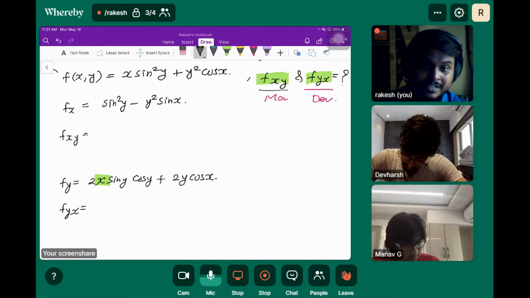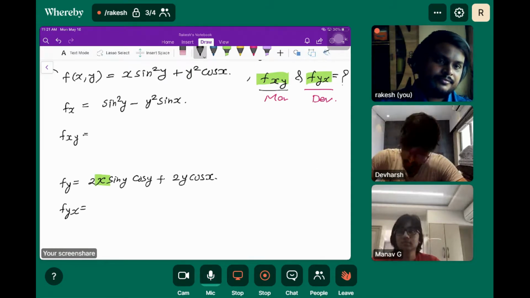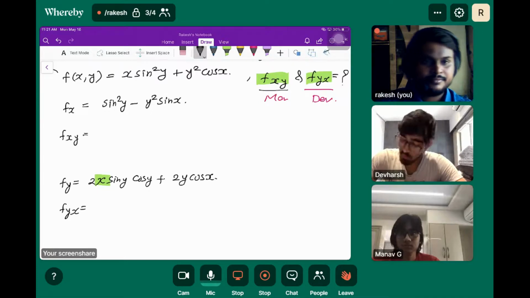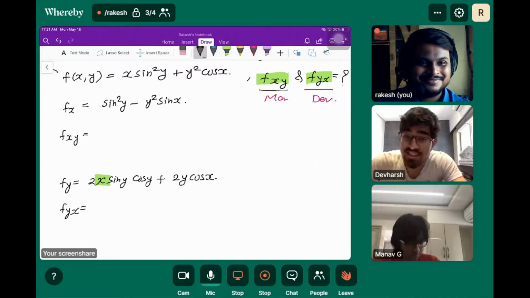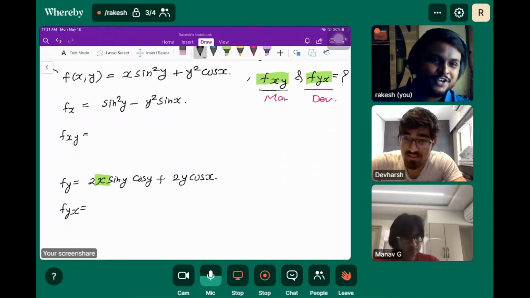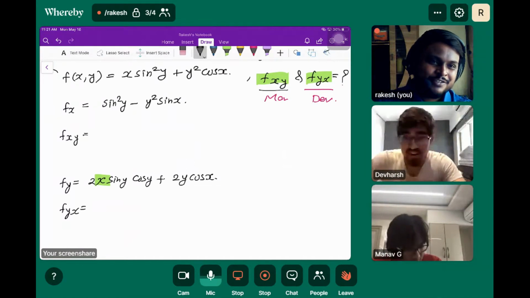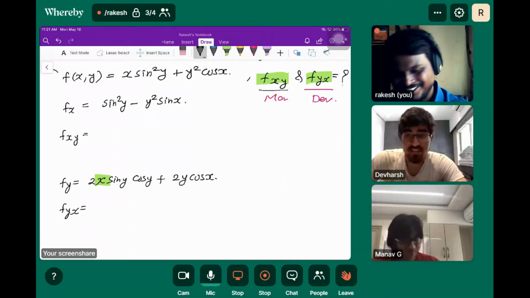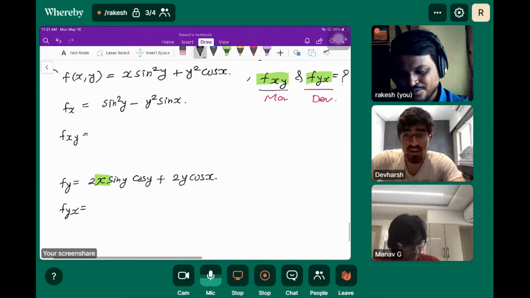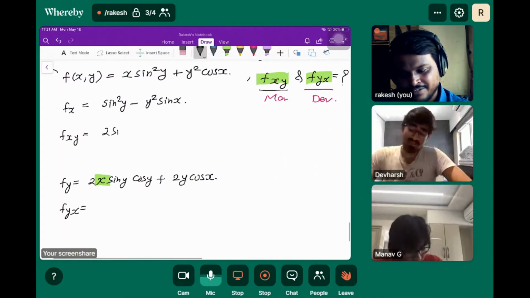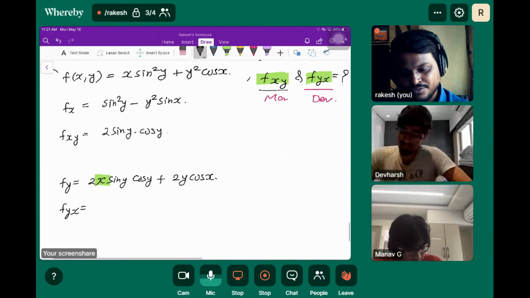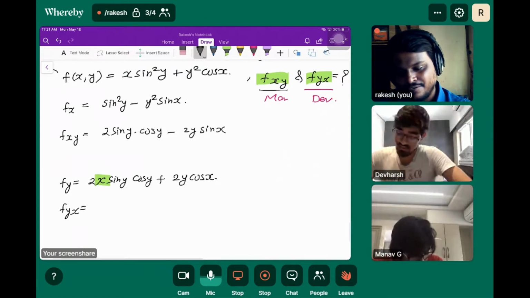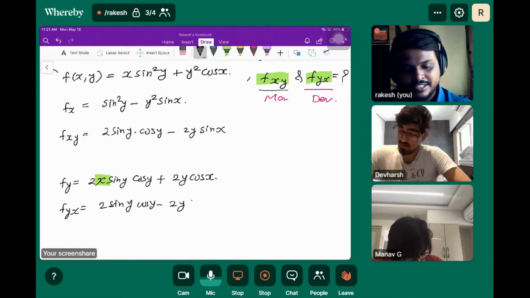But the thing which you will get now, both of you, is really interesting. I got it. I did both. They're the same answer. Yes. So f of xy is basically 2 sine y cos y minus 2y sine x, and f of yx is again 2 sine y cos y minus 2y sine x.